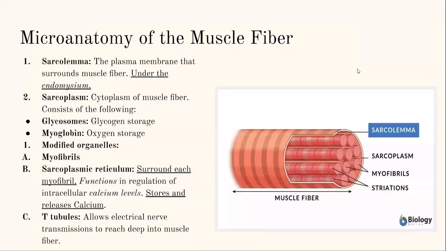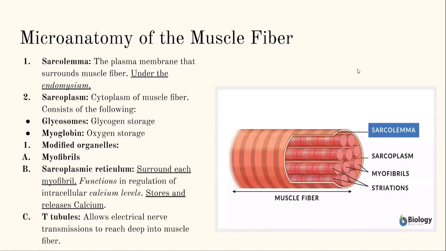And so I'm going to get into the muscle fiber. So the anatomy of the muscle fiber. Like I said, we have the sarcolemma. It's a plasma membrane that surrounds the muscle fiber, which is underneath the endomysium. And we have sarcoplasm inside the muscle fiber, mixed in with the myofibrils.